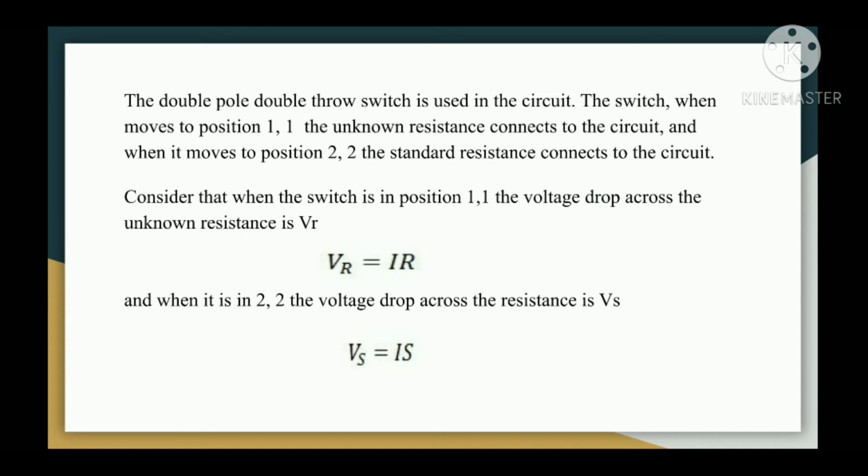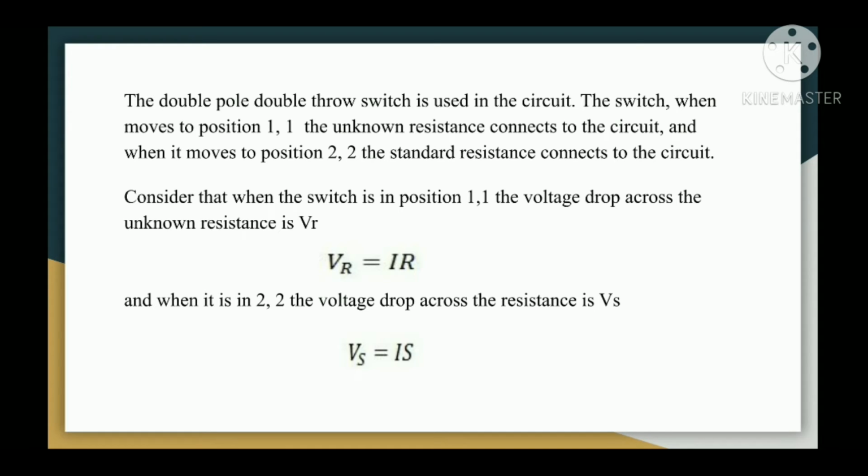The double pole double throw switch is used in the circuit. When the switch moves to position 1, the unknown resistance connects to the circuit, and when it moves to position 2 of 2, the standard resistance connects to the circuit. Consider that when the switch is in position 1, the voltage drop across the unknown resistance is VR.